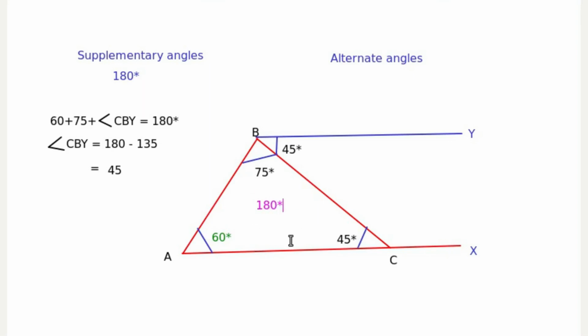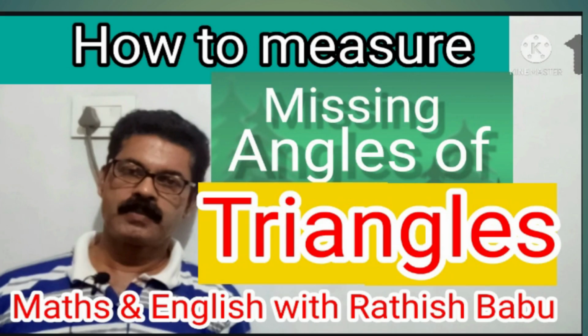I think every one of you understood what I told here. So you can do your activities that are given on page number 27, 28, 29 and 30. Keep in mind how to use supplementary angles and alternate angles to find the measure of a missing angle of a triangle.